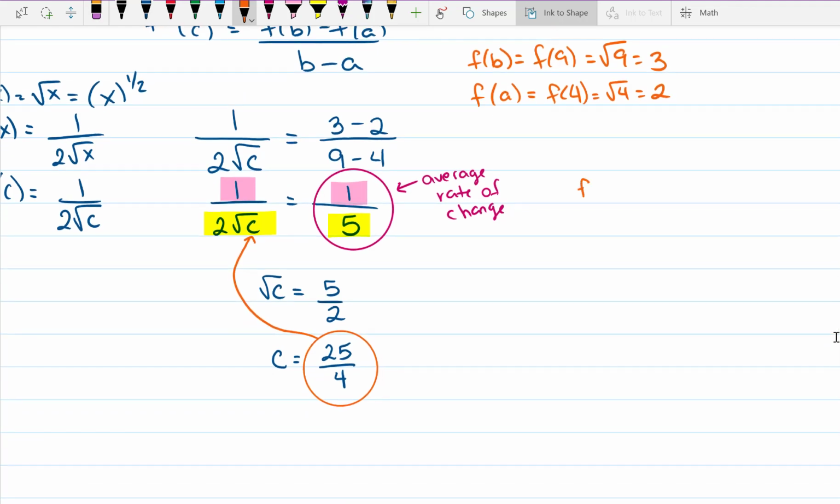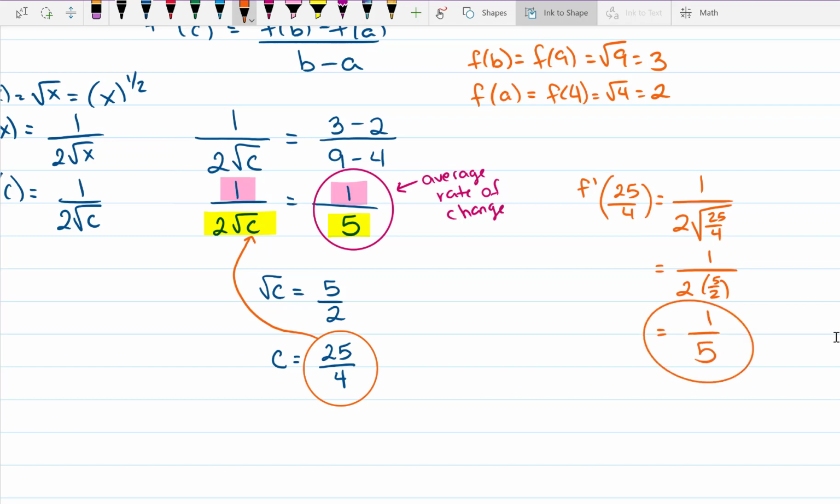So f prime of 25 over 4 is equal to 1 divided by 2 times the square root of 25 over 4, which is equal to 1 divided by 2 times 5/2. And this is equal to 1/5. So we get the same value if we take the average rate of change or if we take the derivative at the point.